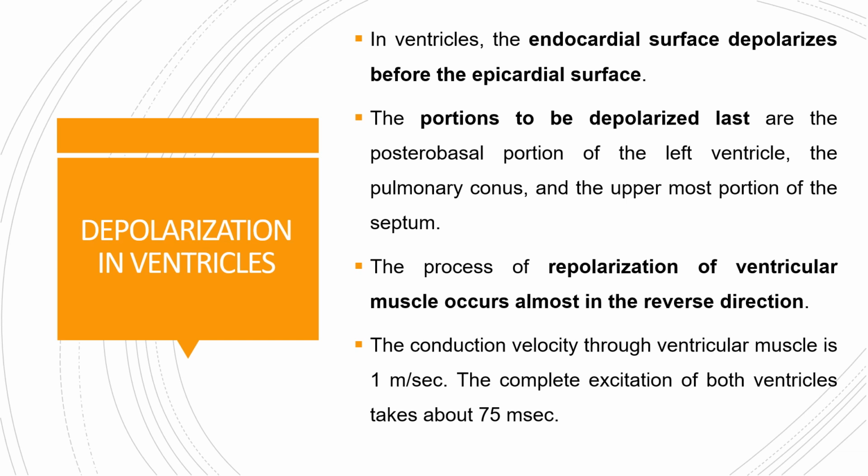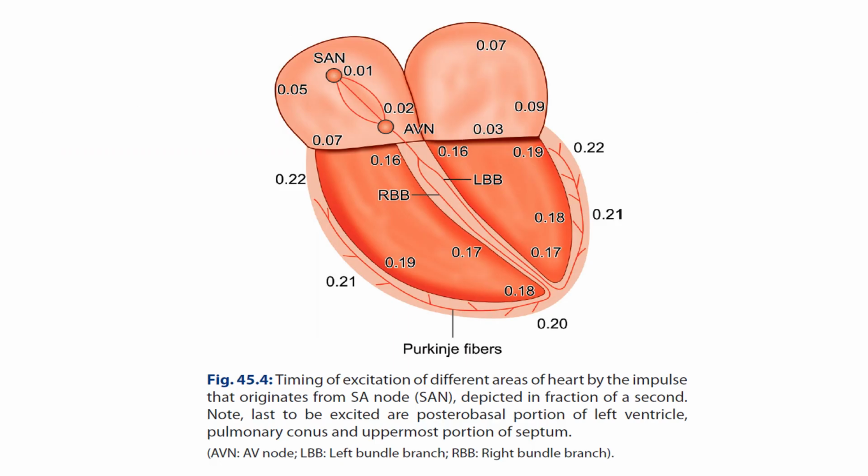The complete excitation of both ventricles takes about 75 milliseconds. Okay. See, you can see the timing of excitation of different areas of heart by the impulse that originates from the SA node.